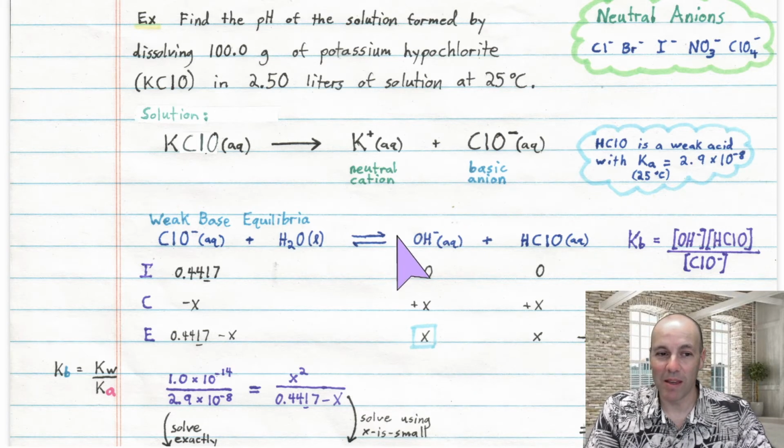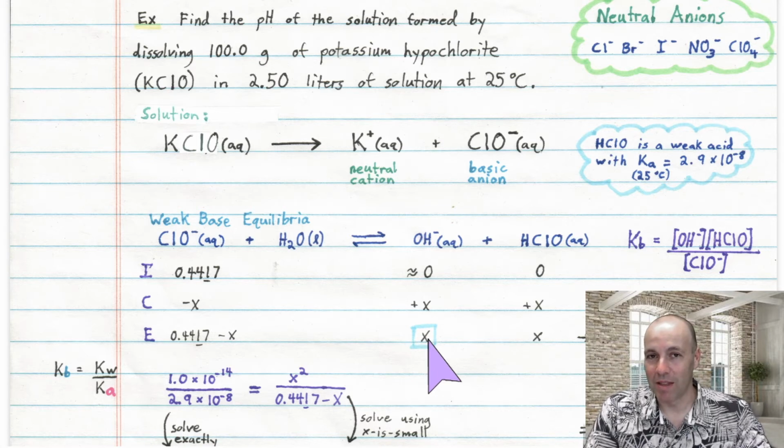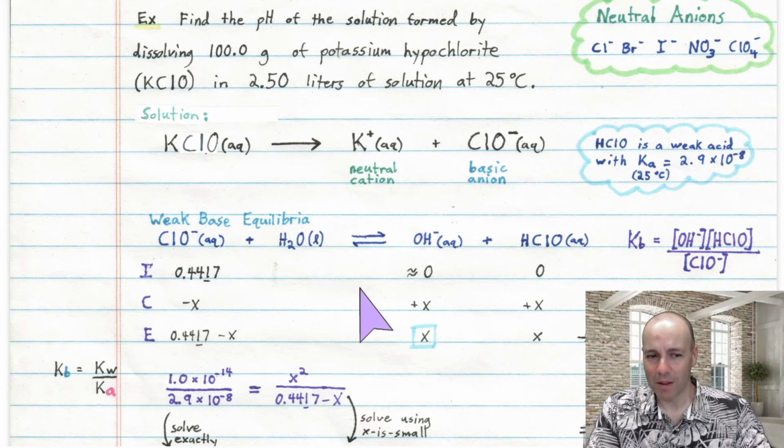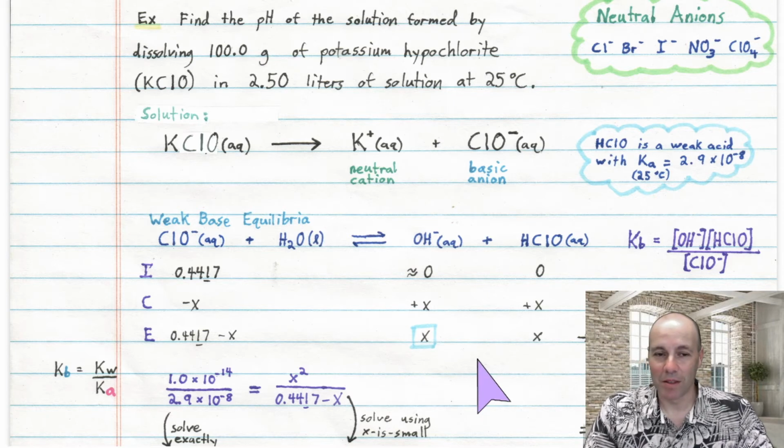Since this is a weak base, the ICE table, when you solve for X, that will give you the hydroxide concentration. And then you can get the pOH and the pH. So there's a lot of steps here. Let's just go through them carefully.